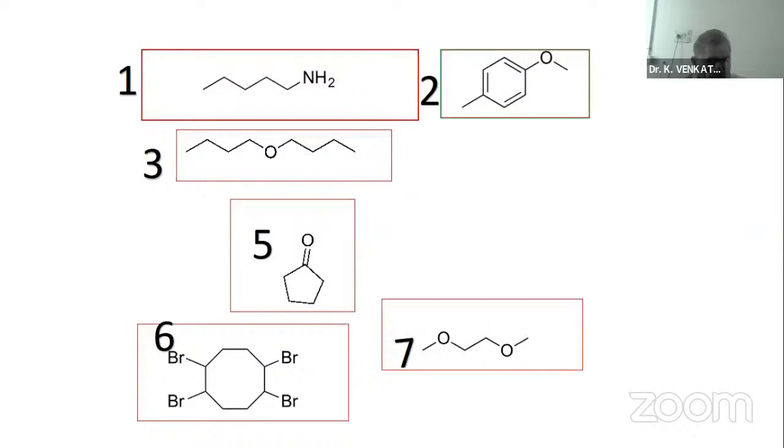When ether is present, we cut it into parts: the ether is one part and the remaining is another part. Here ether is present, so cut one part and another part. Here also ether is present, so one part cut and here another part cut.